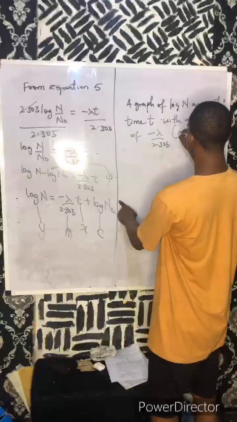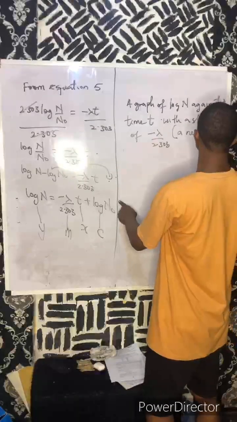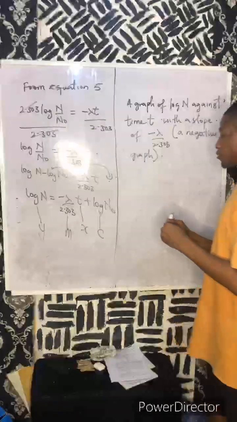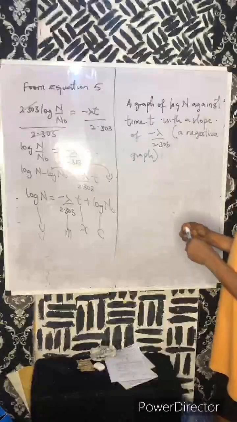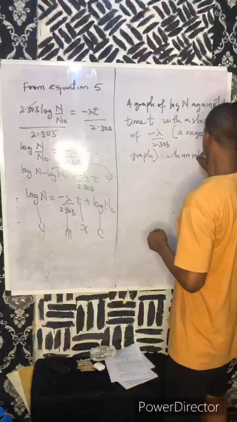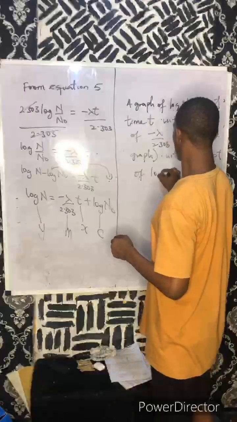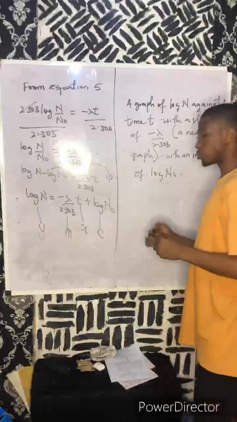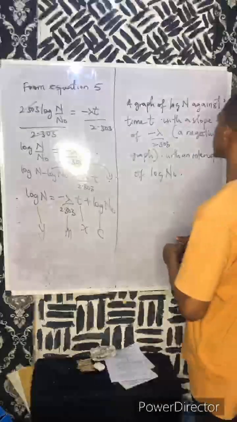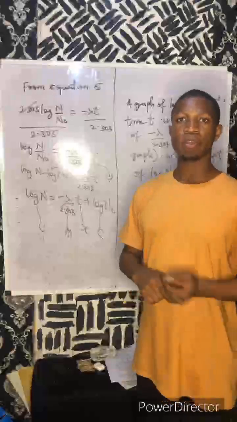So it's always a negative graph. With an intercept of log n naught. Please do not forget that. You need all of this information to solve graph questions.